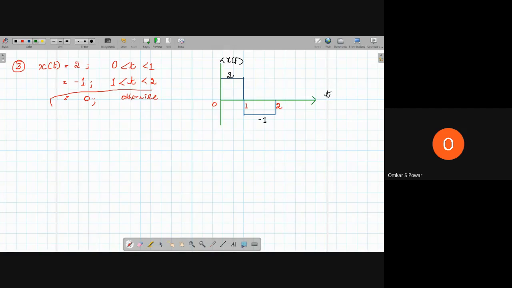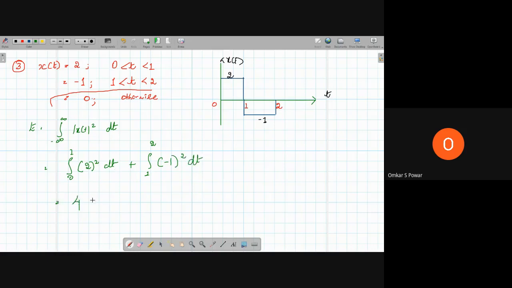Okay. Now energy E is equal to minus infinity to infinity mod x of t the whole square dt. Now from 0 to 1, what's the value? 2. Plus from 1 to 2, what's the value? Minus 1 the whole square dt.